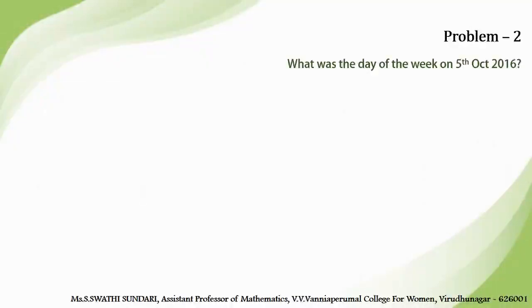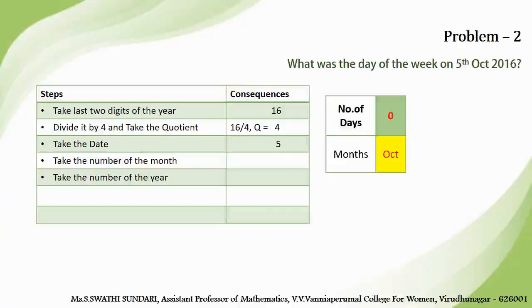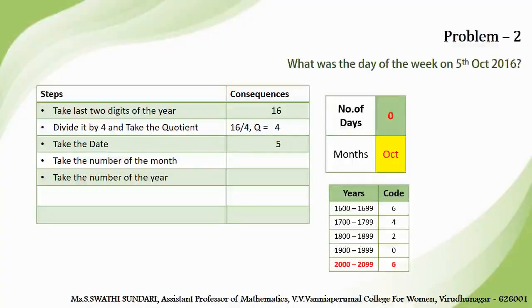We're going to solve another example. That was, what was the day of the week on 5th October 2016? The first thing we have to do is take the last 2 digits of the given year, that is 16. Next we divide 16 by 4, and we get the quotient 4. Next we take the date, that is 5, and take the number of the month, that is October.